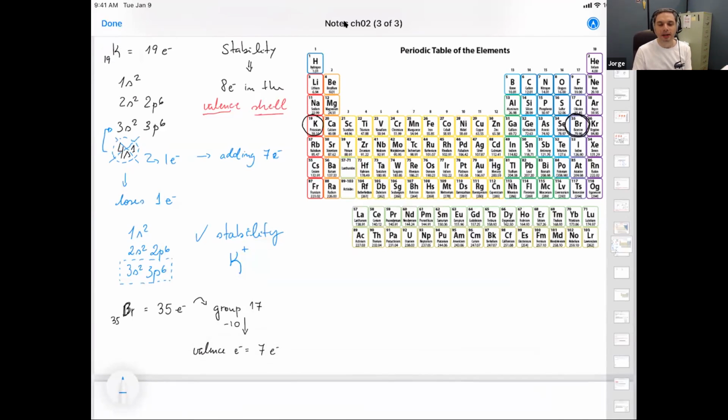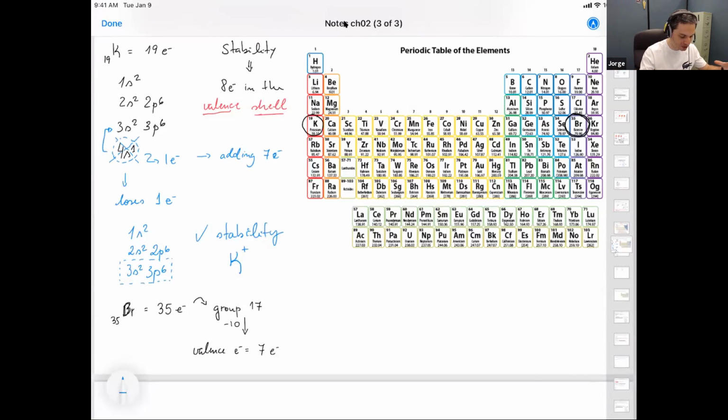Okay, bromine by itself has 7 electrons. First question, is that a stable electron configuration? To be stable, we must have 8 electrons in the valence shell. 7 is so close to 8, so close.